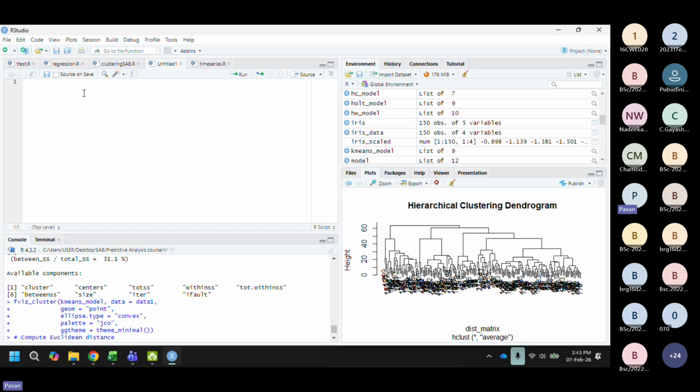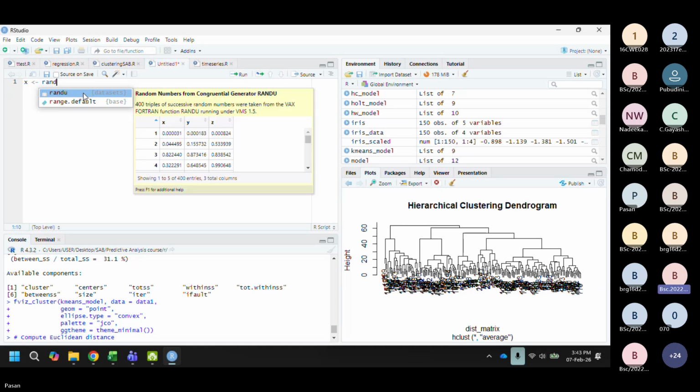I will define x as the... I forgot the command for the random numbers actually.